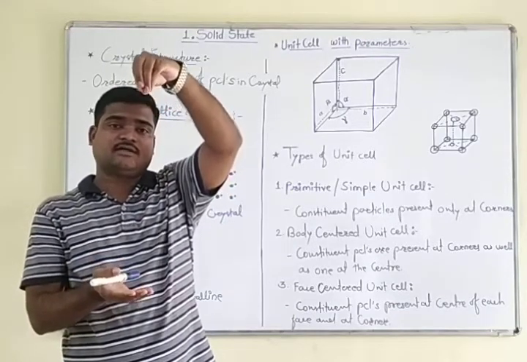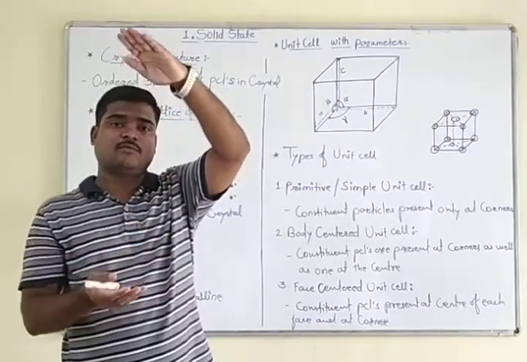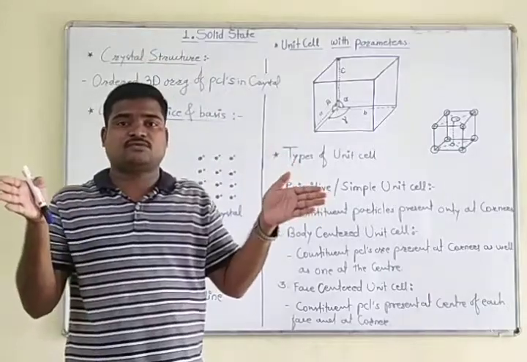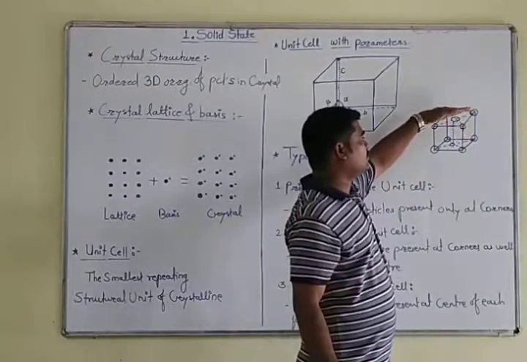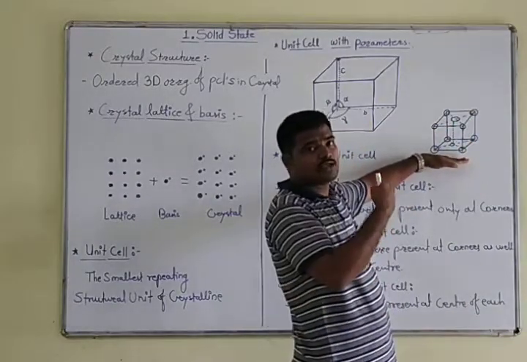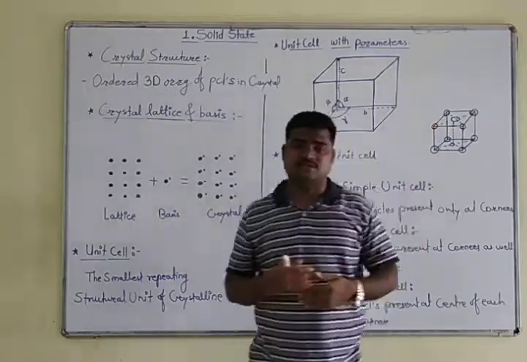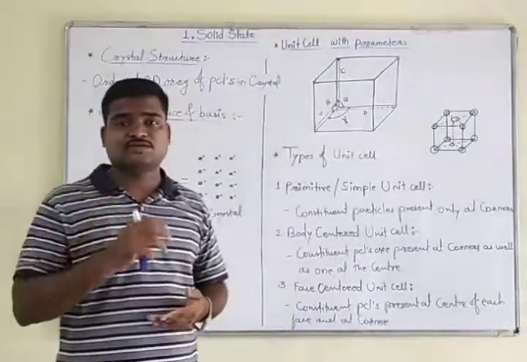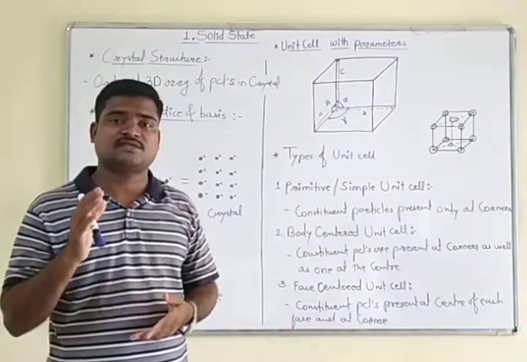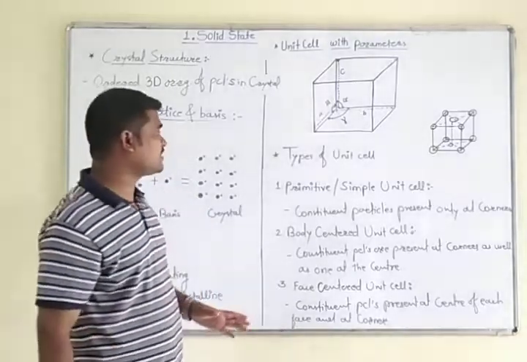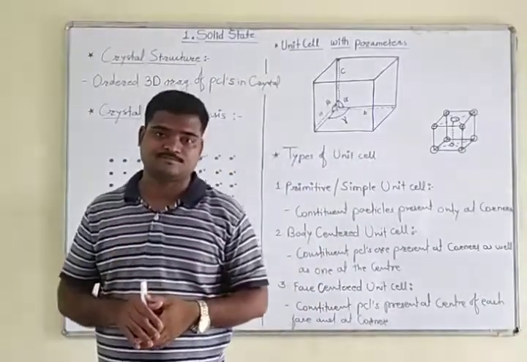At the center, the particles are present which are joined together from top to bottom, or face to face. Either we can consider this face and this face, or the third pair, that is the front face and back face. When these points are joined, such a type is called an end centered unit cell. So in total, these are the 4 types of unit cells present in crystallography.